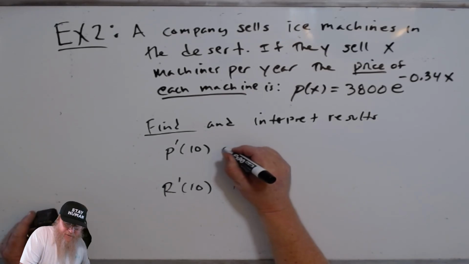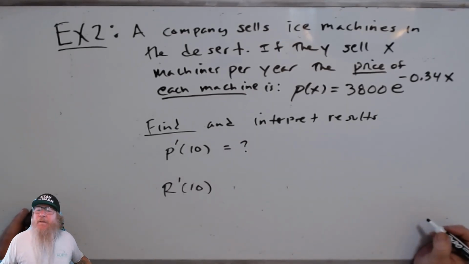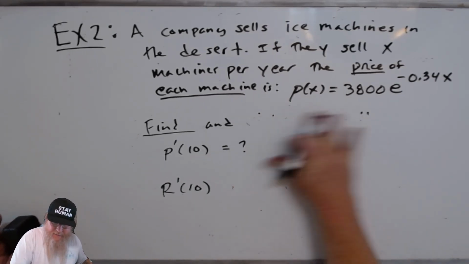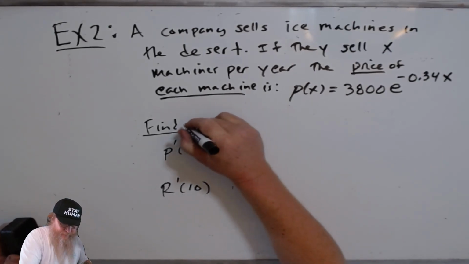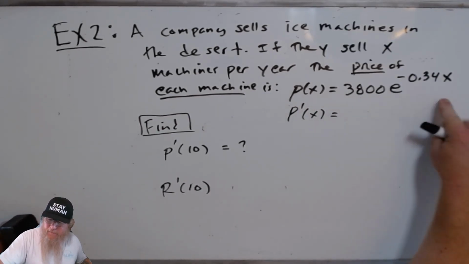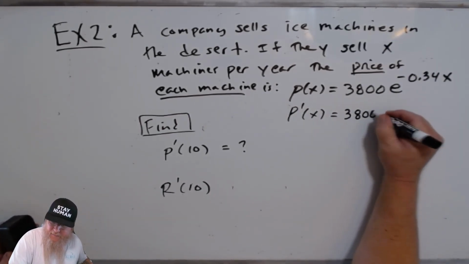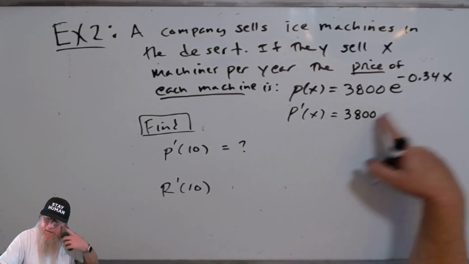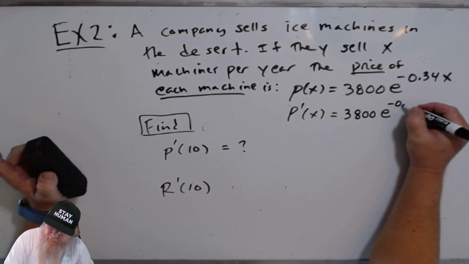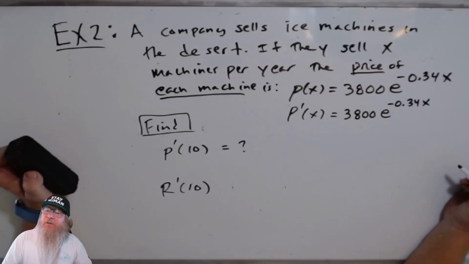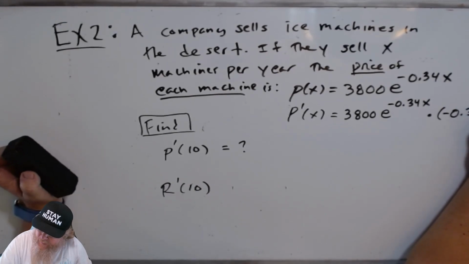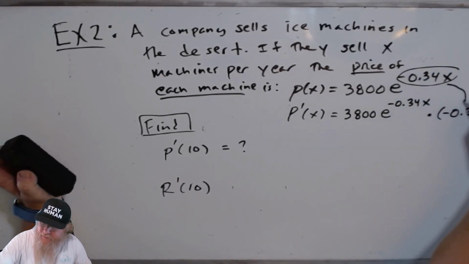All right, so p prime of 10. Well, first I need to know p prime. So let's just do a little scratch work here. p prime of x, the derivative of 3,800 times a function is just going to be 3,800 times the derivative of that function. Remember, e is one of those special functions where the derivative is just equal to itself, but then because of the chain rule, you got to take the derivative of the power.